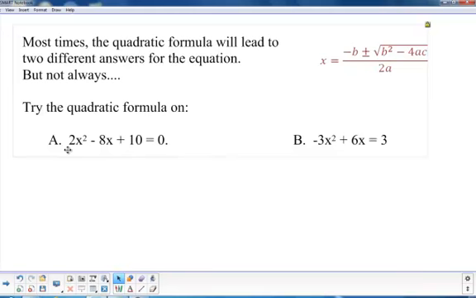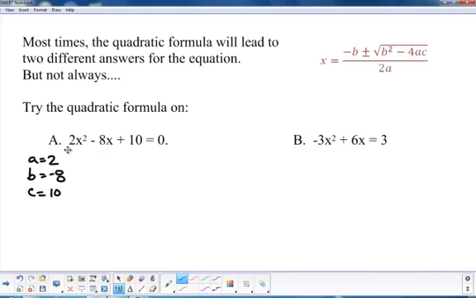Try a couple more. So, A is 2, B is negative 8, and C is 10. Negative B plus or minus square root B squared minus 4AC divided by 2A.